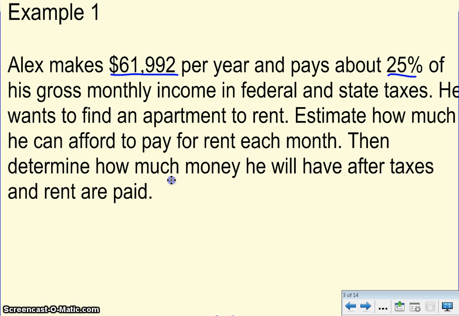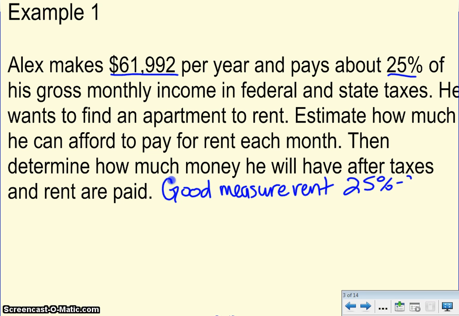So, before we can go much further, we need to know that a good measure for rent is to be about 25 to 30% of your monthly gross income. So if we look at that, we've got $61,992.